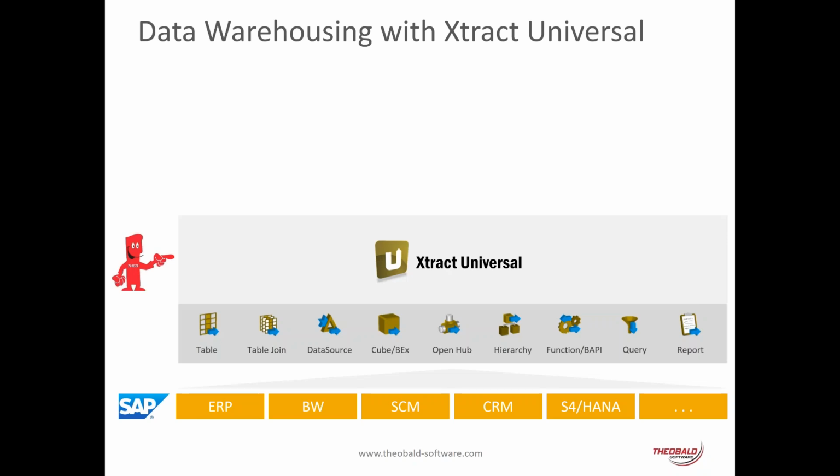Then our tool, Xtract Universal, what it provides is 9 or 10 different connectivity options into your SAP environment. Every one of these components connects at the application layer. That's an important point to make here. We never connect directly at the database layer.